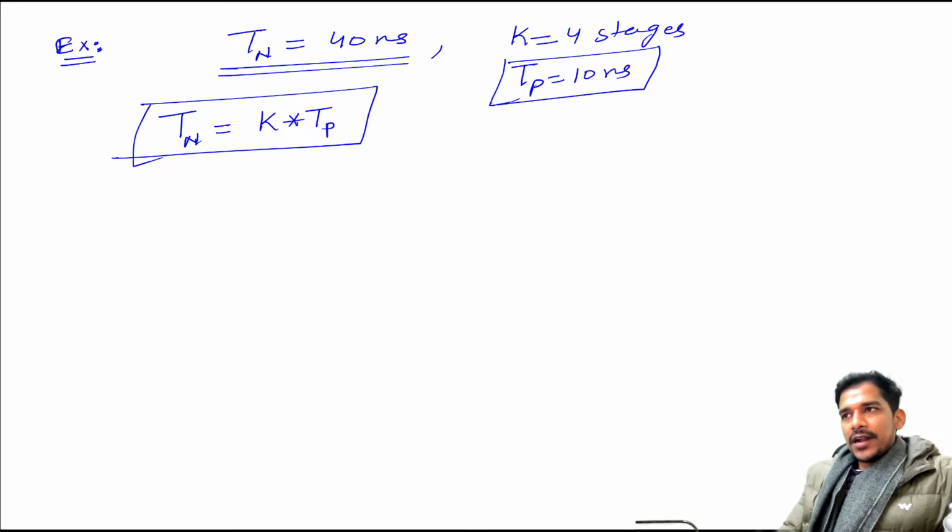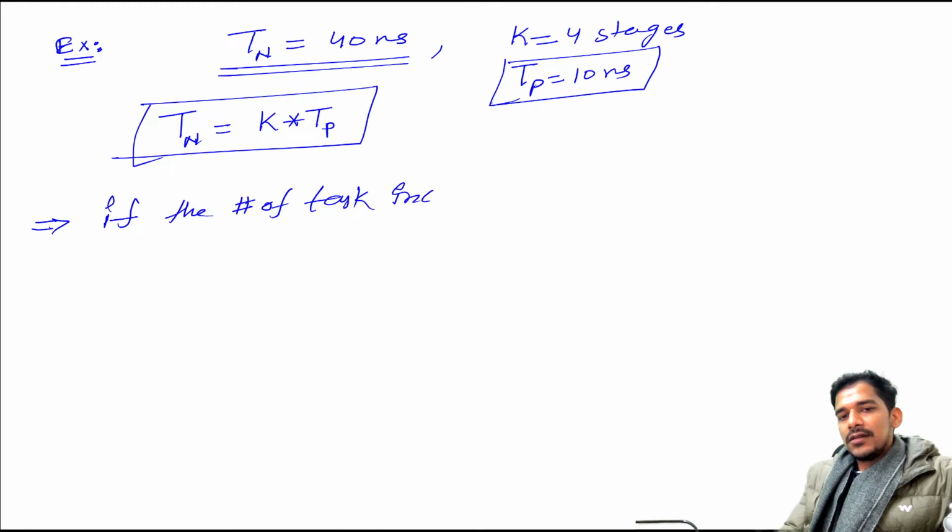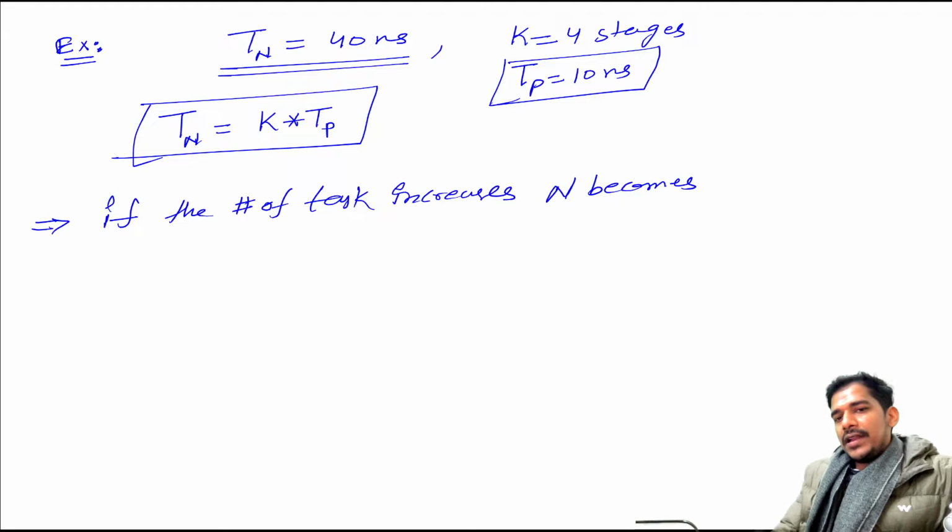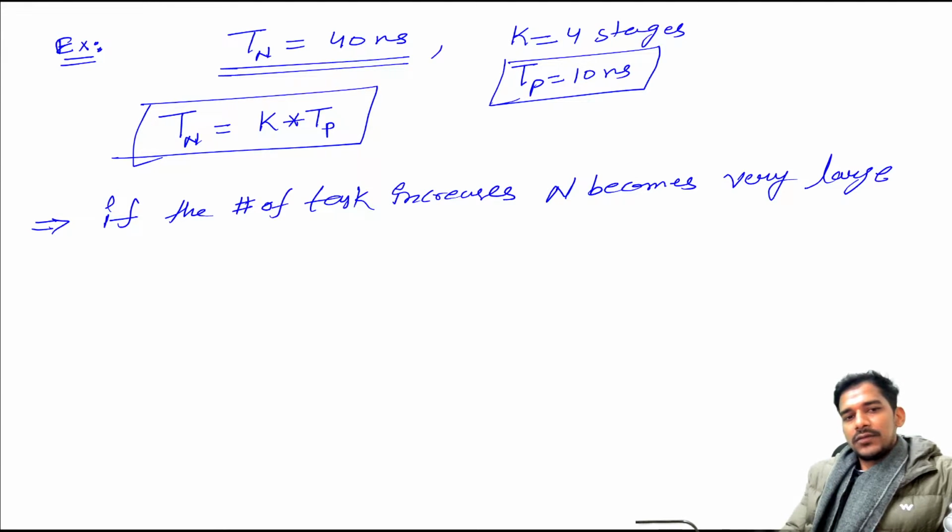So under the ideal conditions, if the number of tasks increases, or you can say the value of n becomes very large, then k minus 1 matters little.